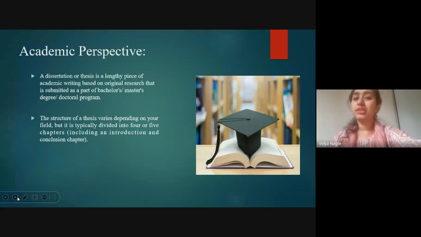A dissertation or thesis is a lengthy piece of academic writing based on original research that is submitted as a part of your bachelor's degree, master's degree, or even a doctoral program. The structure of a thesis varies according to the stream of your specialization, but basically it is divided into commonly 4 or 5 chapters.